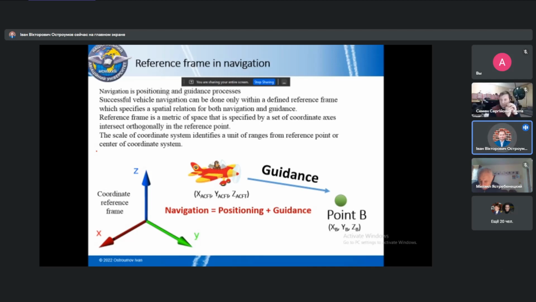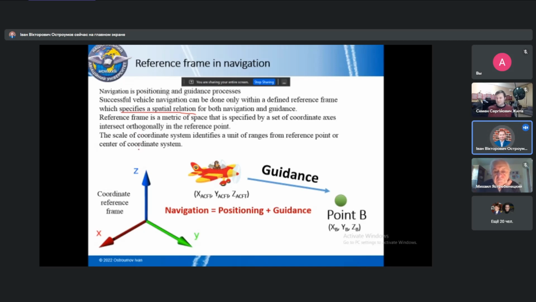And first of all, we need to talk about reference frame, because any navigation task should be solved within some reference frame. And reference frame specifies a special relation for both processes, navigation and guidance.